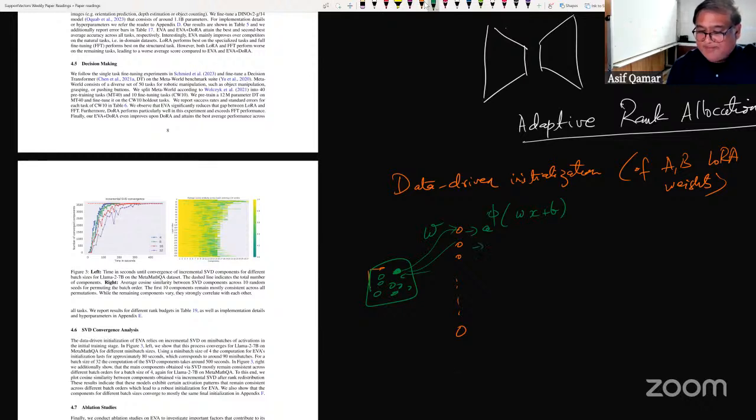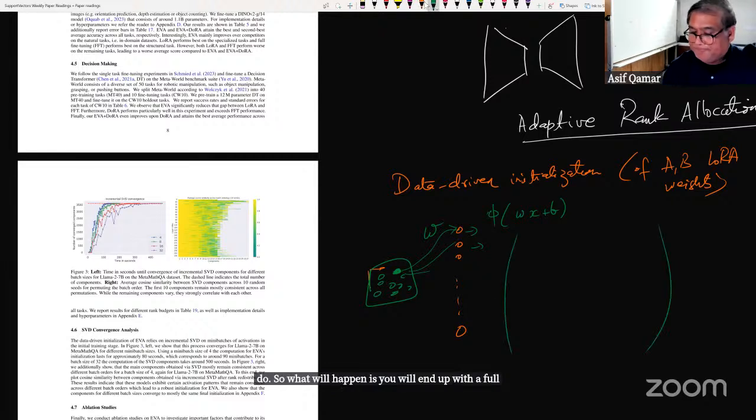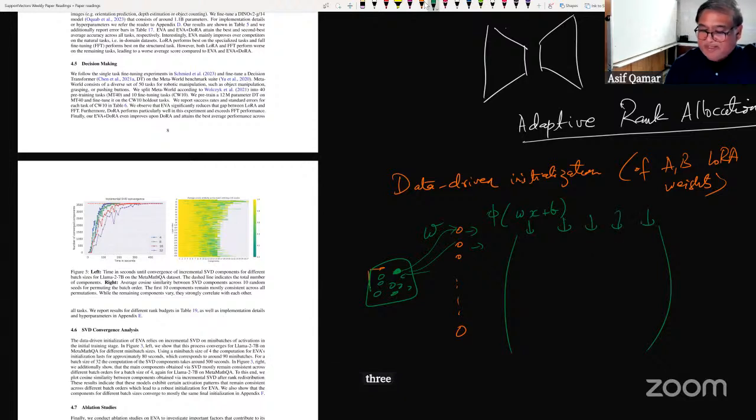You will have activations A1, A2. So what will happen is you will end up with a matrix. Each of the sample points. So suppose you take 10 sample points, or let's just take 5 sample points: 3, 4, 5 sample points. And each of these will be a 100 column vector because each of the neurons will fire.